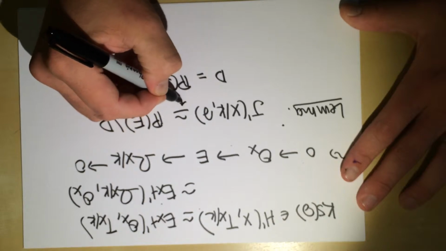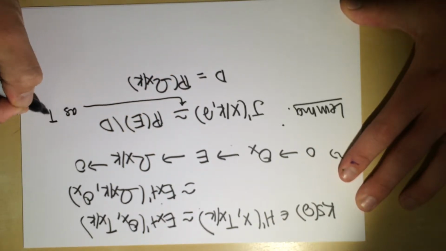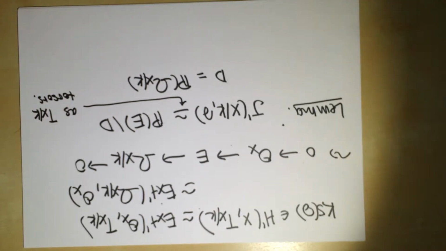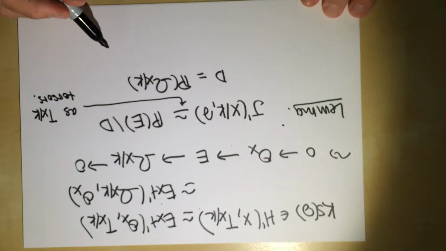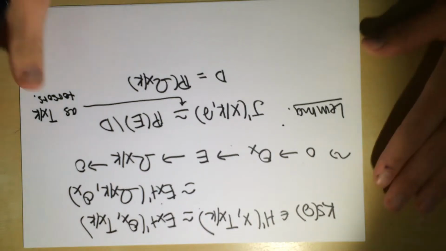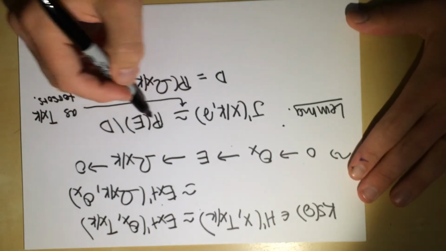Okay, and this equality here is as T of X over K torsors. That's the idea. And okay, so this is the presentation here, and the idea is. Well, let me just say what this thing is.